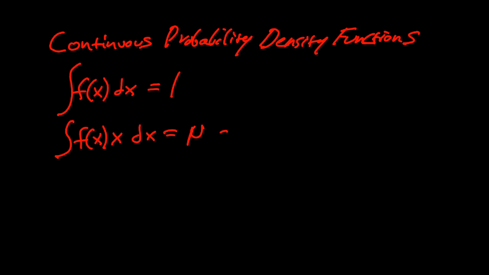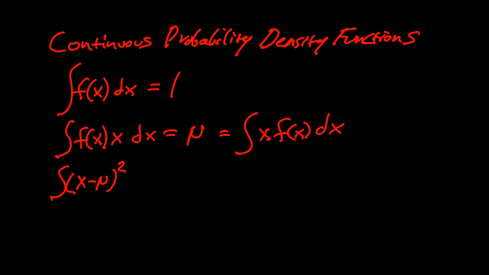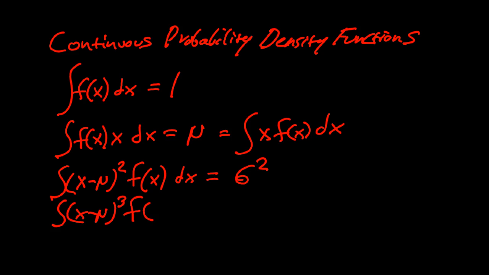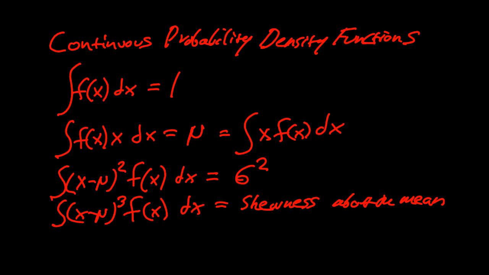You'll also see this written the other way, x f of x dx, it's obviously the same. Then we have x minus mu squared times f of x dx, and that equals the variance, and x minus mu, or the mean, cubed times f of x dx, and that equals the skewness about the mean, or the third central moment.